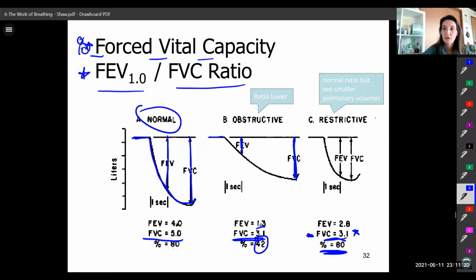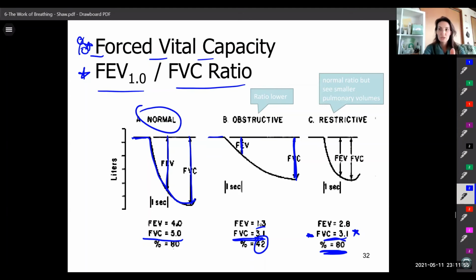Obstructive, right? Low ratio and low FVC, obstructive disorder. Normal ratio and normal FVC is normal. And that's how we would be able to differentiate an obstructive or restrictive disorder compared to normal with this type of test. And we're going to be working with some diagrams like this.